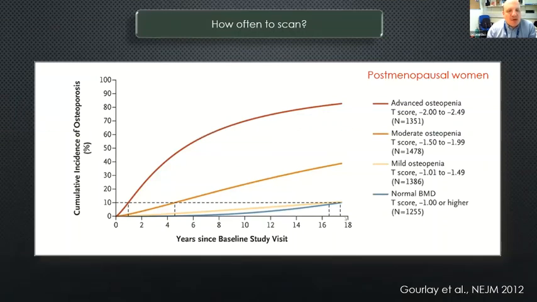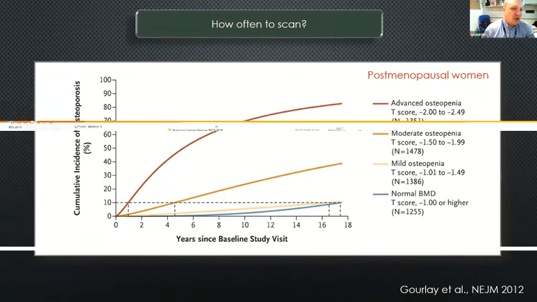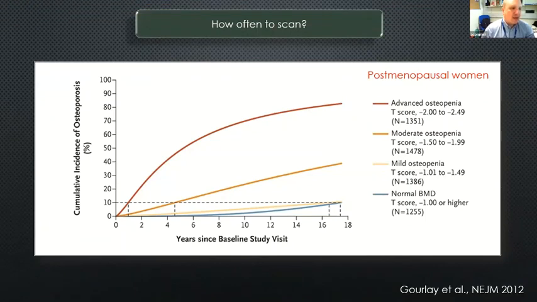And if you have normal bone mineral density, it's very similar to just having very mild osteopenia. So in general, worry about people on the borderline, but don't really worry about people with very mild osteopenia unless they have lots of additional risk factors.